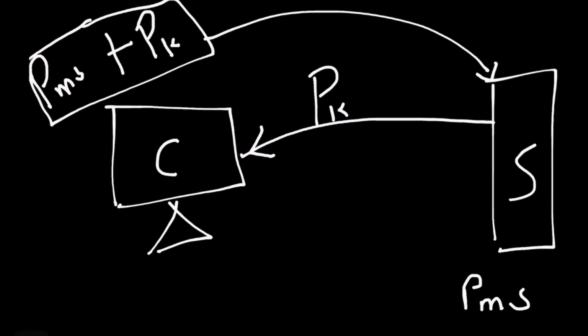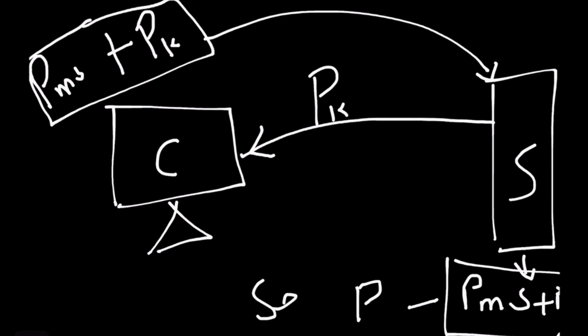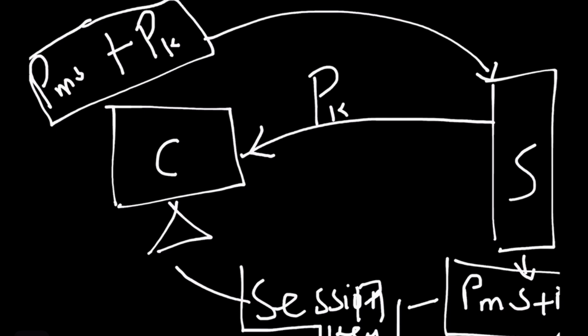After decrypting the message, the server will have a pre-master secret plus a random number, and this will form the session key between the client and the server. It becomes a secret key between both of them.